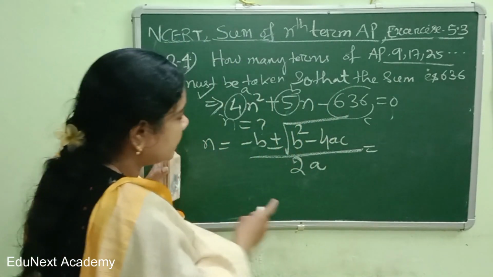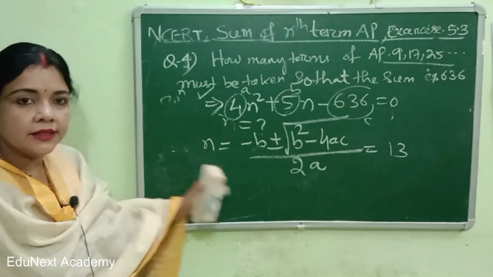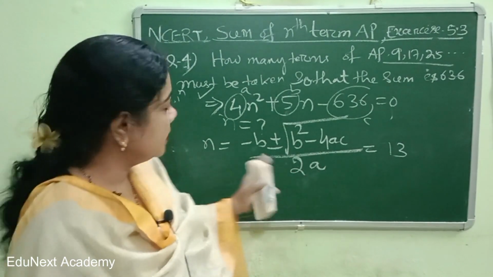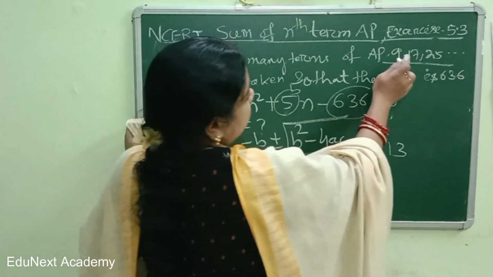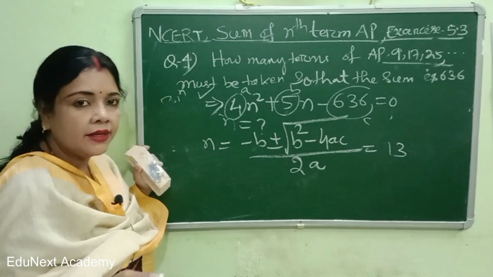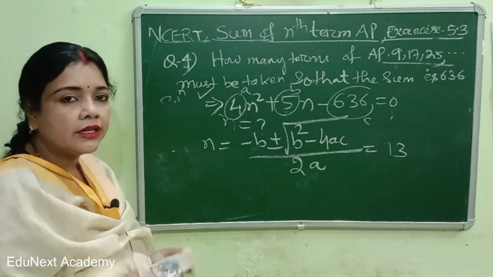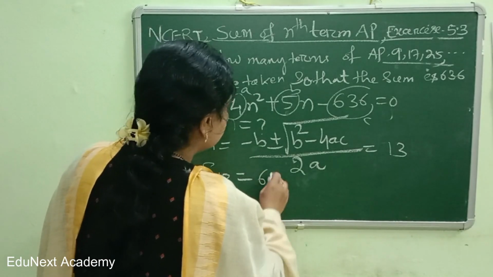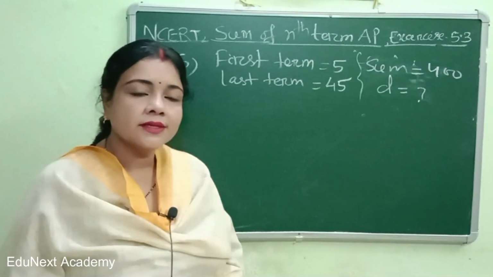So the final answer will be 13. I am just writing the final answer here. There are 13 terms, that is 9, 17, 25, 33 and so on. Whenever you add 13 terms, the sum will be equal to 636. So your answer is 13.